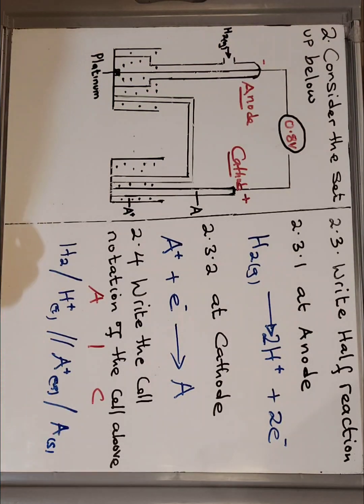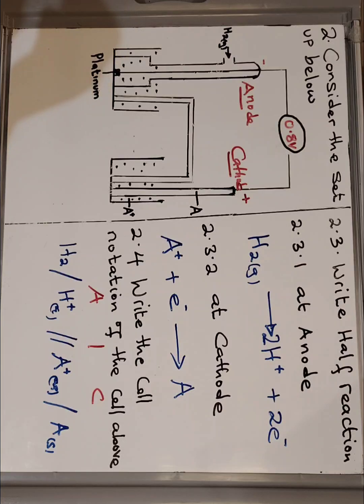This cell notation is incomplete. We have to remember that what is at the extremes of the cell notation are the electrodes. So this one is okay, but we have a problem with hydrogen being the last one, because a gas cannot be an electrode.